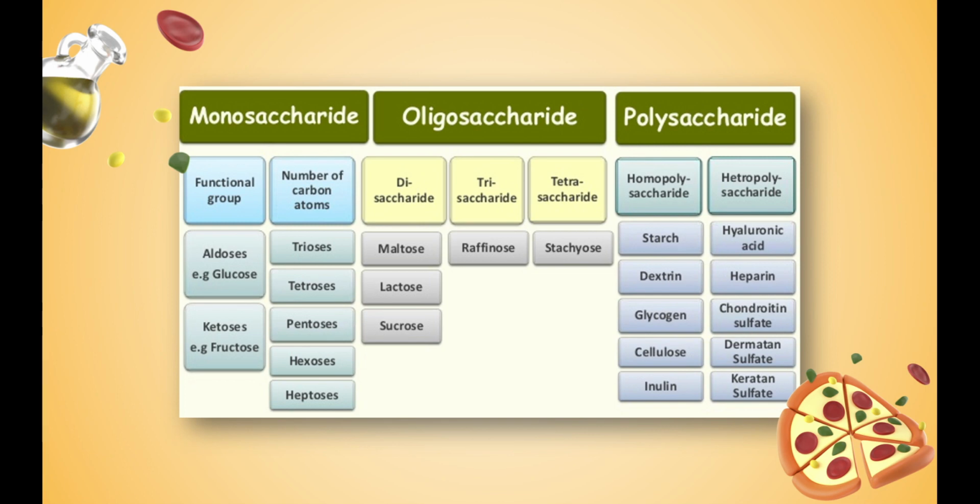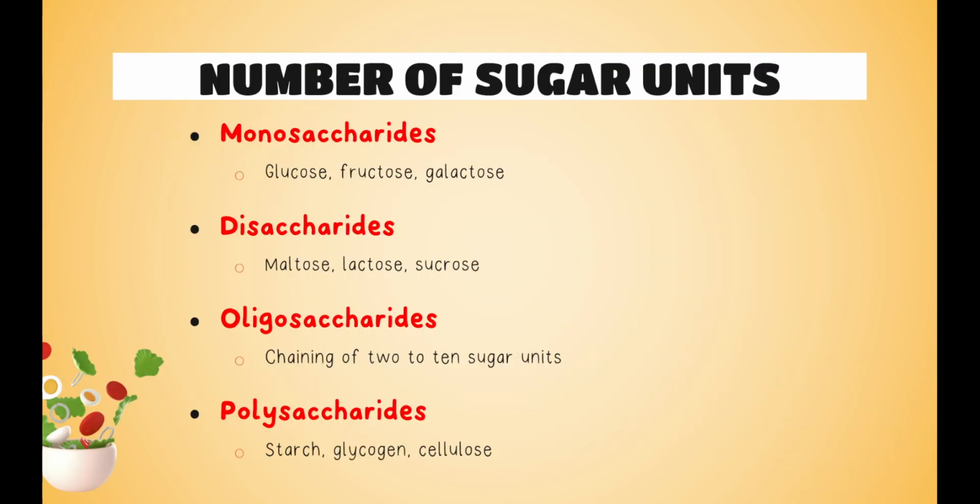As you can see here in this table, this already presents the overall classification of carbohydrates from the number of sugar units to the functional group. Everything is already presented here, but then again, we'll go over it one by one. Let us start with the number of sugar units.